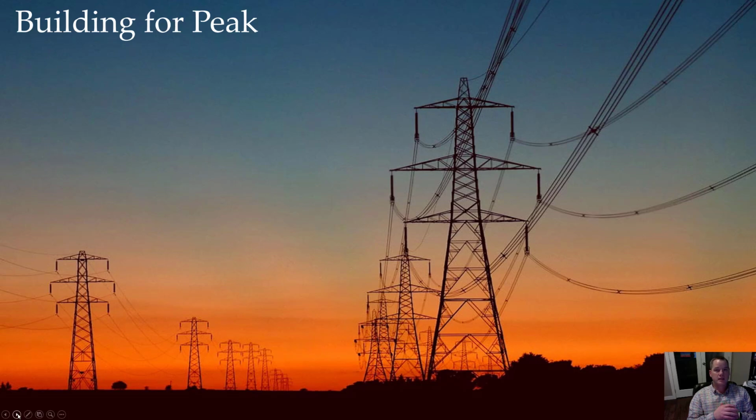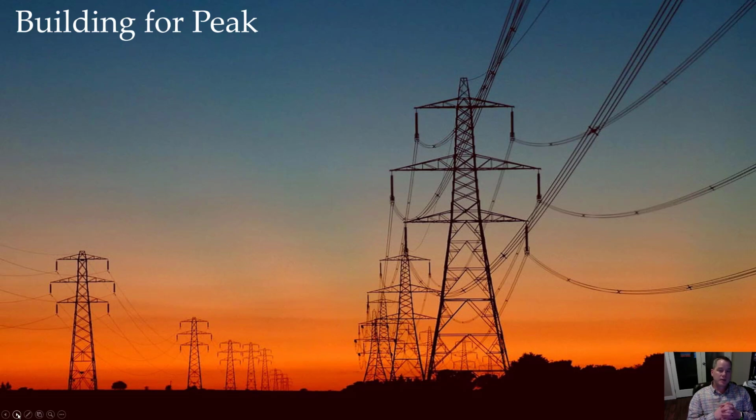Obviously, this adds costs because essentially you're building an infrastructure that may never get fully utilized, but because power is so important, you certainly want to be able to deal with that capacity if required.